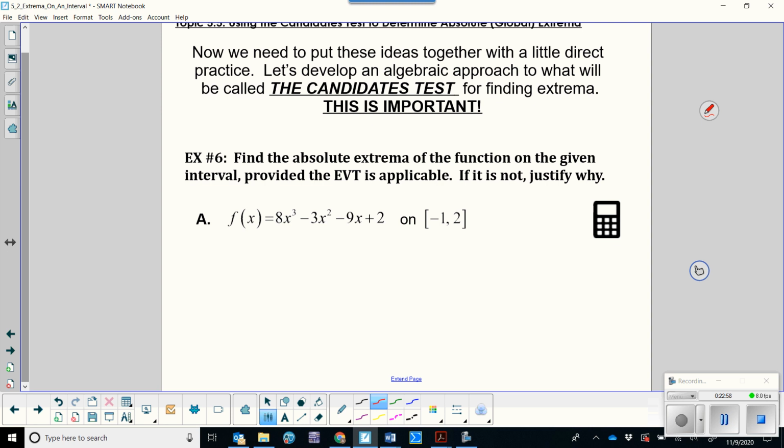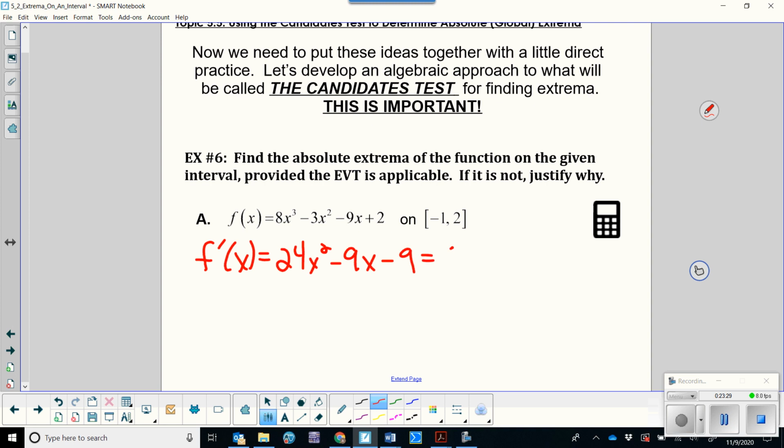So the first step anytime something says find a max or min or any kind of absolute extrema is to find the derivative. Then I'm going to say, okay, relative max and mins can only occur at a critical number. Critical numbers are where the first derivative is 0 or undefined. Absolute extrema can only occur at one of those places or an endpoint, okay?